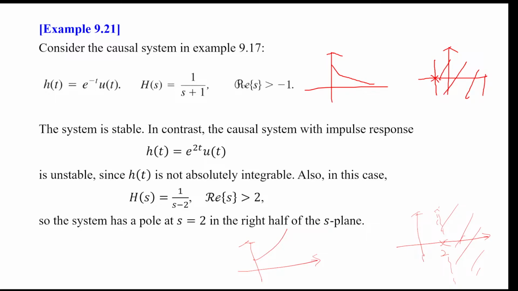Your system has a pole on the right side of your S-plane. So that's an example of a rational system, and how causality and stability are related to your ROC.